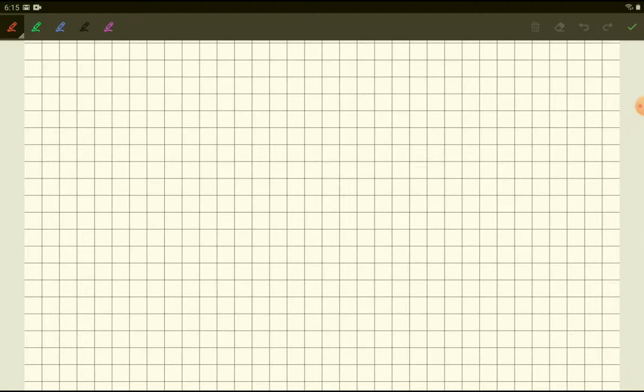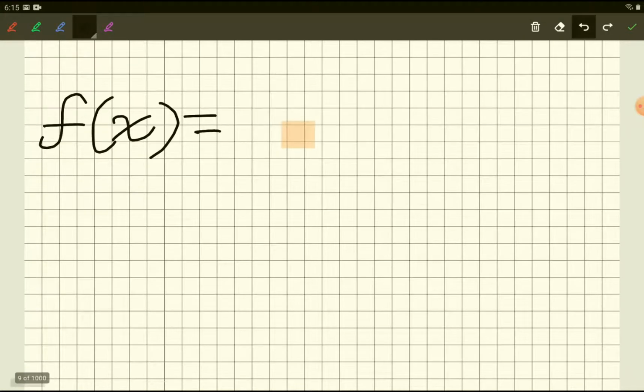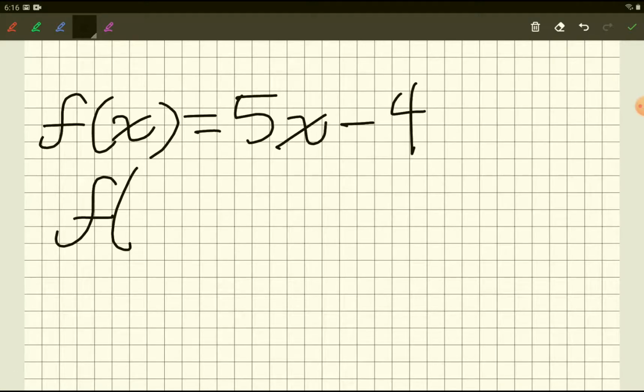So say I have, I'll do another one. Say I have a function, let me do 5x minus 4. And it wants you to find f of negative 2.